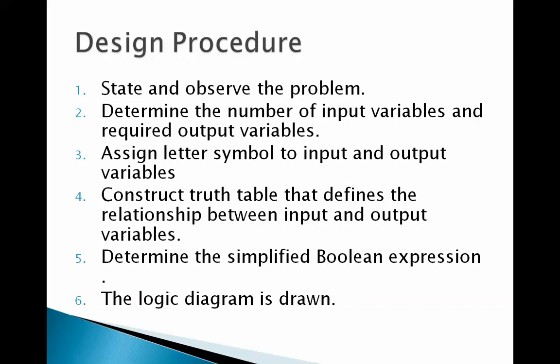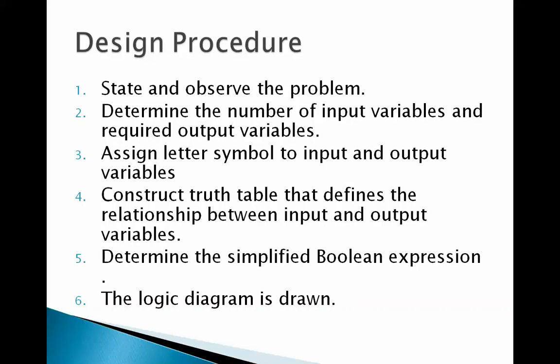That means when we have decided what the problem is, we have to decide how many input variables will be involved in designing the particular circuit, and simultaneously how many output variables will be required. When we are done with the second step, we move towards the third step.